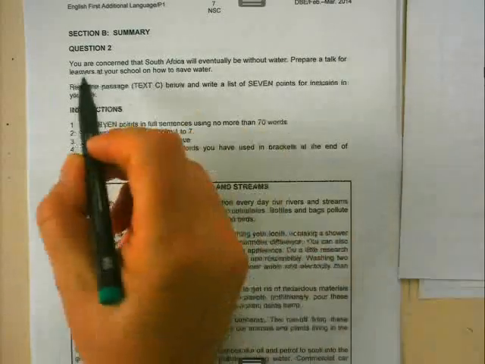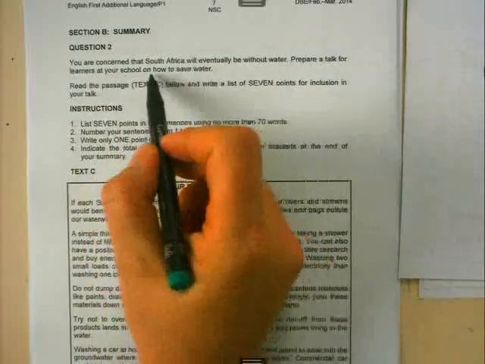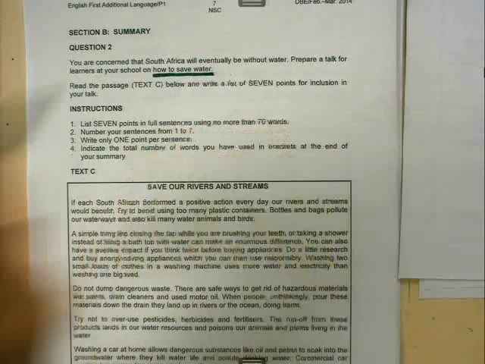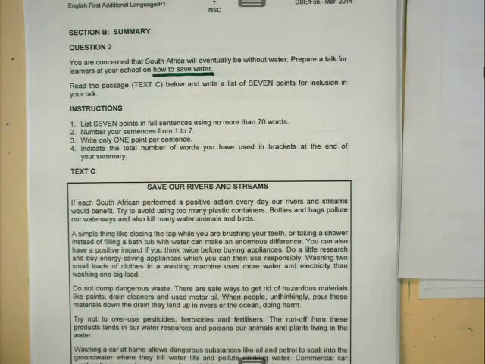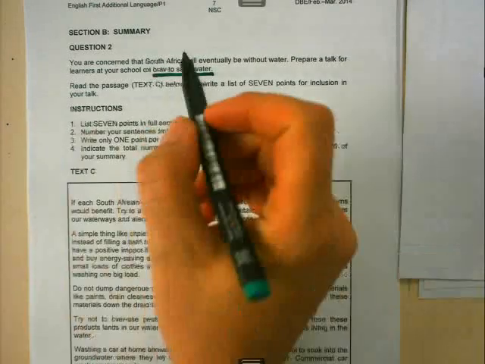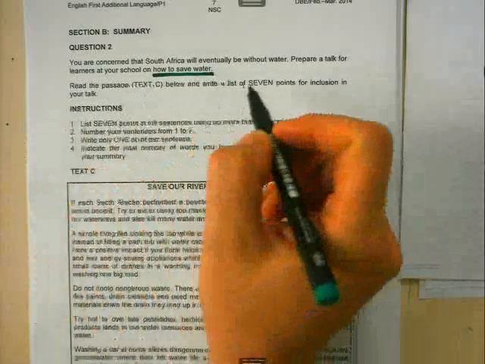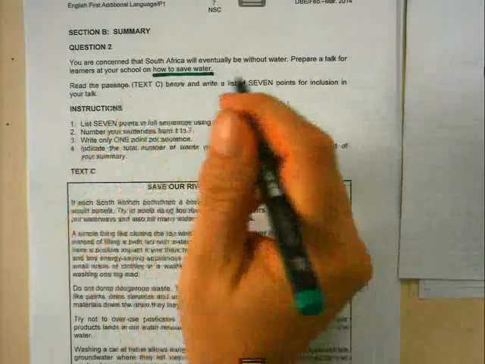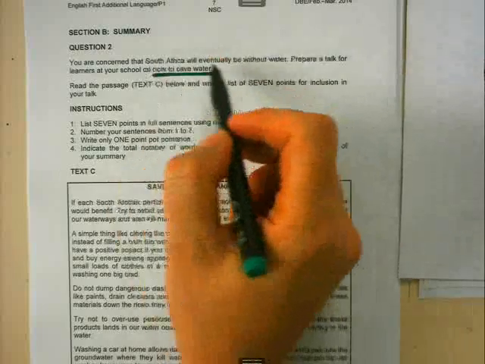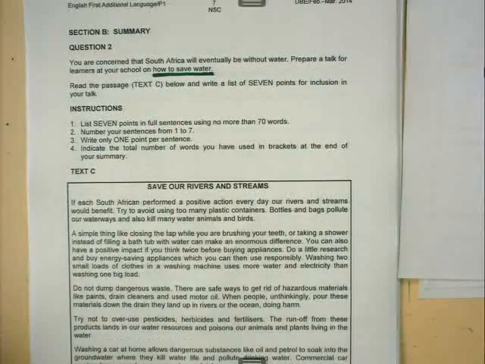Prepare a talk for learners at your school on how to save water. So what facts are you going to look for? Anything that you can do, a guide, a tip that will tell you how to save water. What you can do to save water, what you should not do to waste water. And that will be the fact to answer this question.